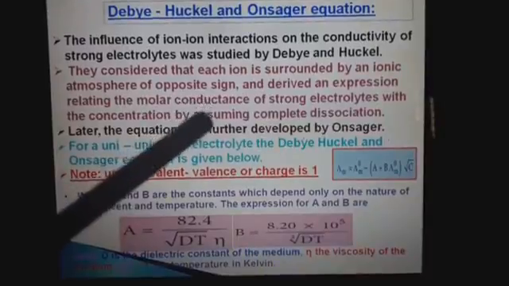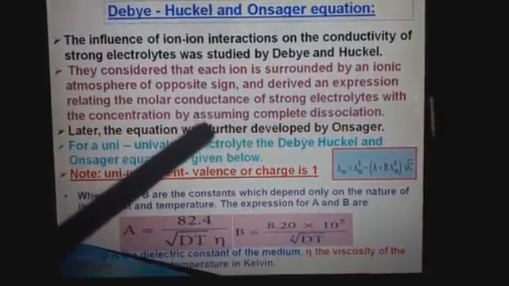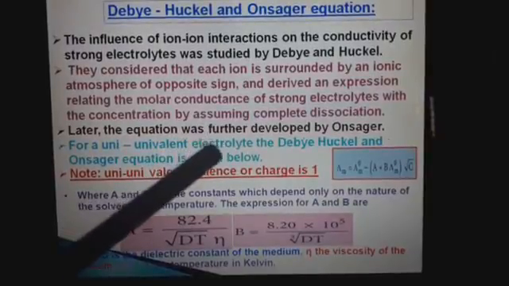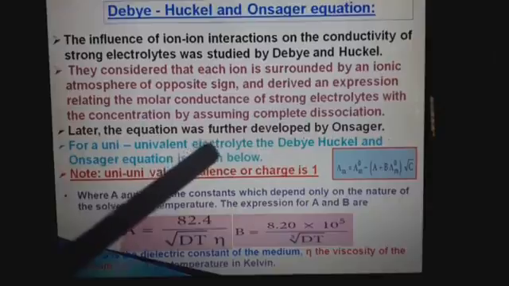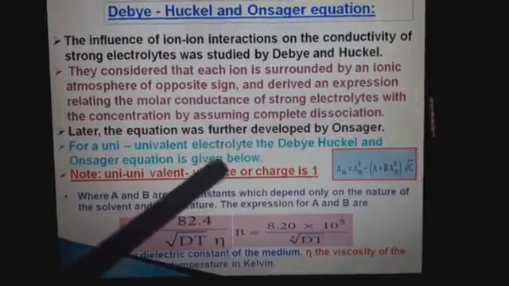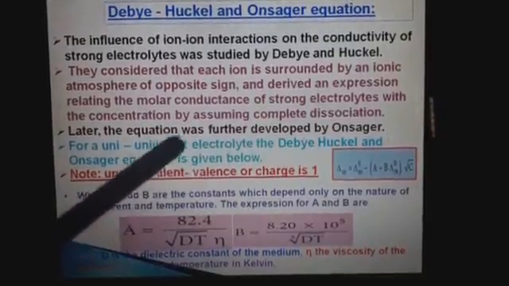This term was introduced by Debye-Huckel. In a strong electrolyte, complete dissociation is there. This is the equation.